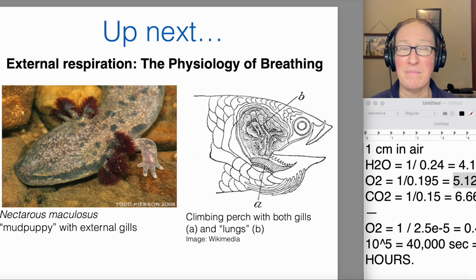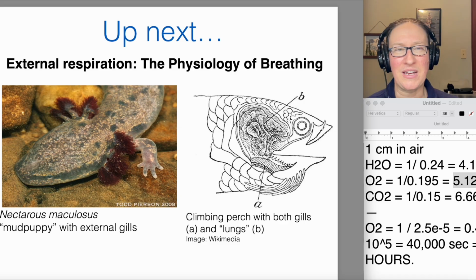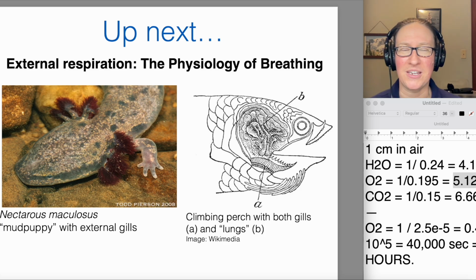On the left, we've got a mud puppy that has a set of external gills. And on the right, we have an example of a fish known as the climbing perch. And this fish actually has two breathing organs, both gills and also a type of lung. So we're going to see lots of really neat stuff as we get into this next topic.